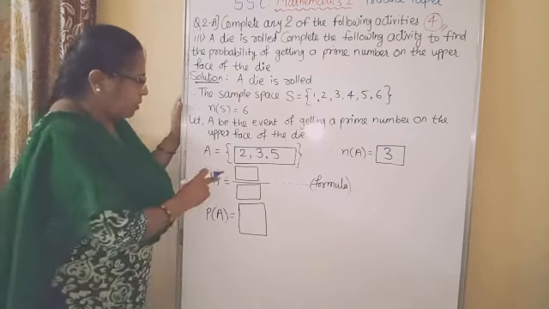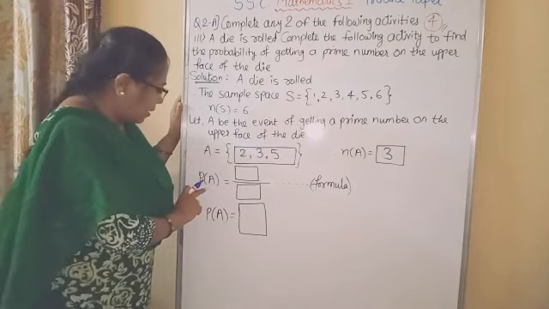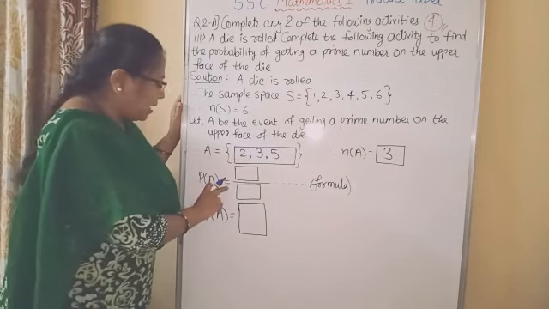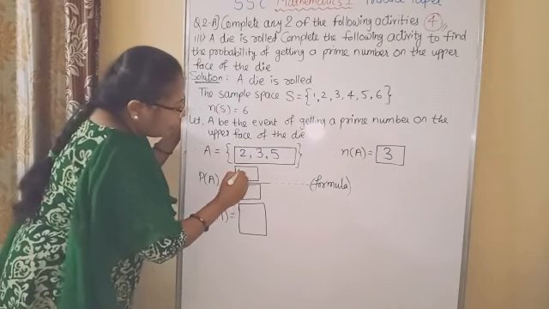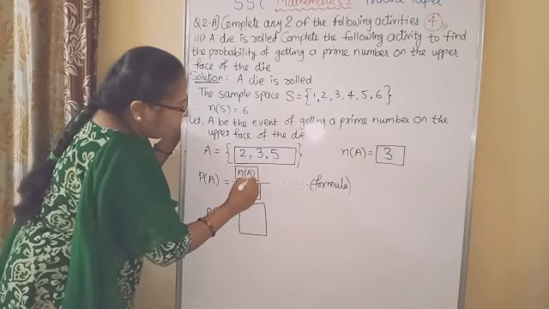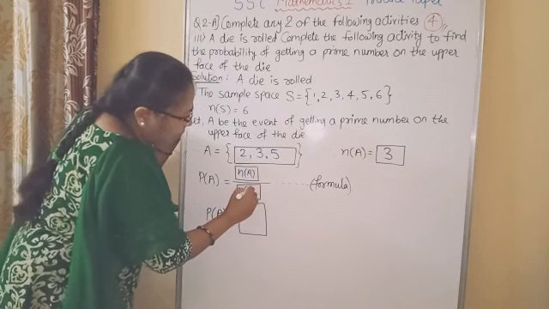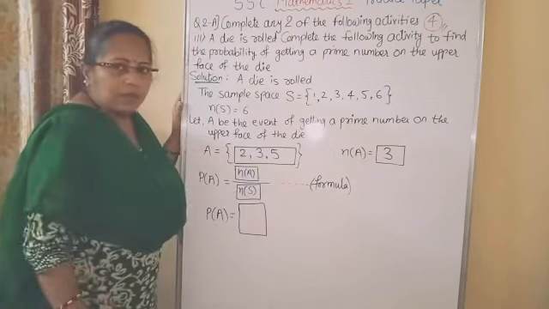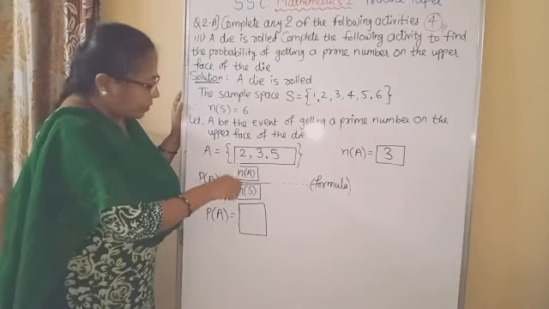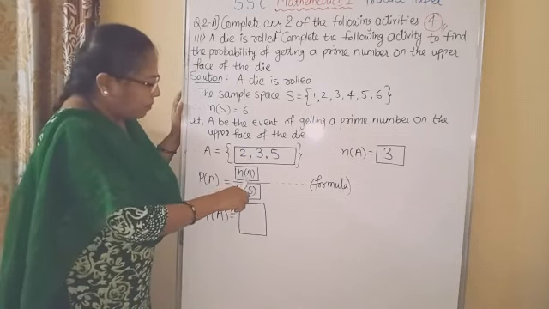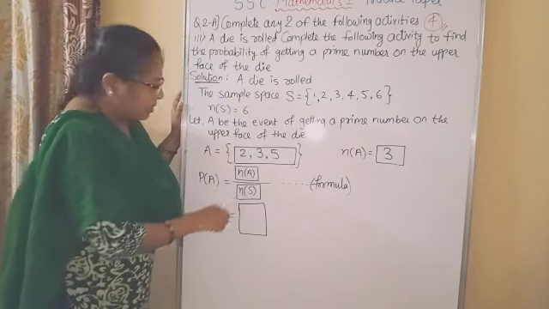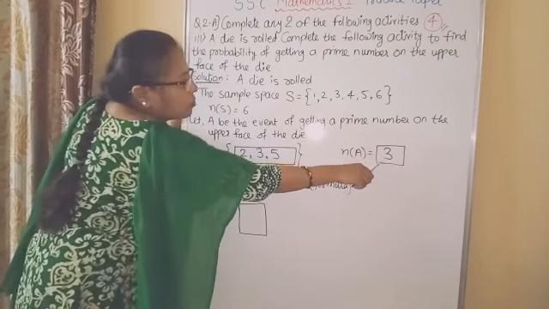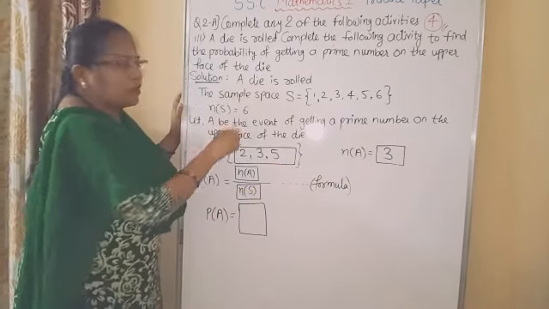Followed? Then we have to complete the formula. Probability of event A is equal to n of A divided by n of S. Complete the formula. Here they have written formula. So don't substitute values here. Complete the formula. n of A upon n of S. Now n of A is equal to 3 and n of S is equal to 6.